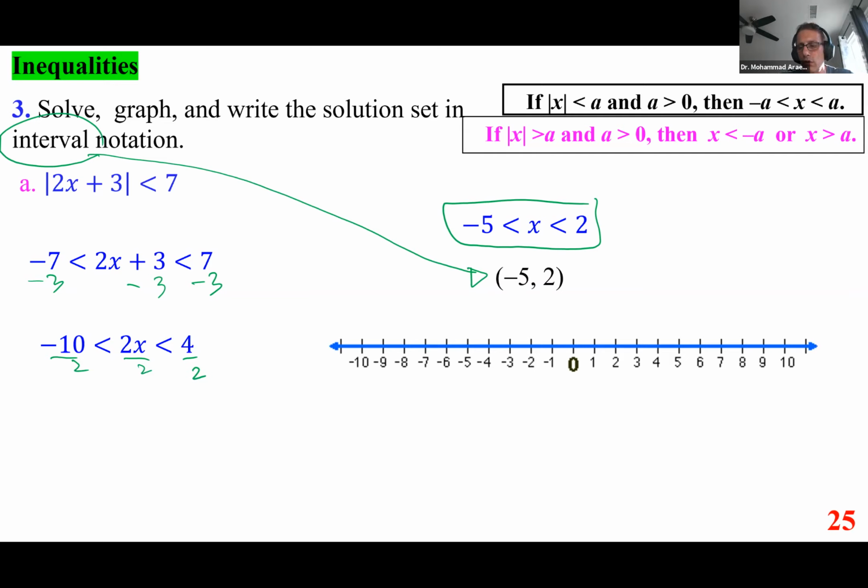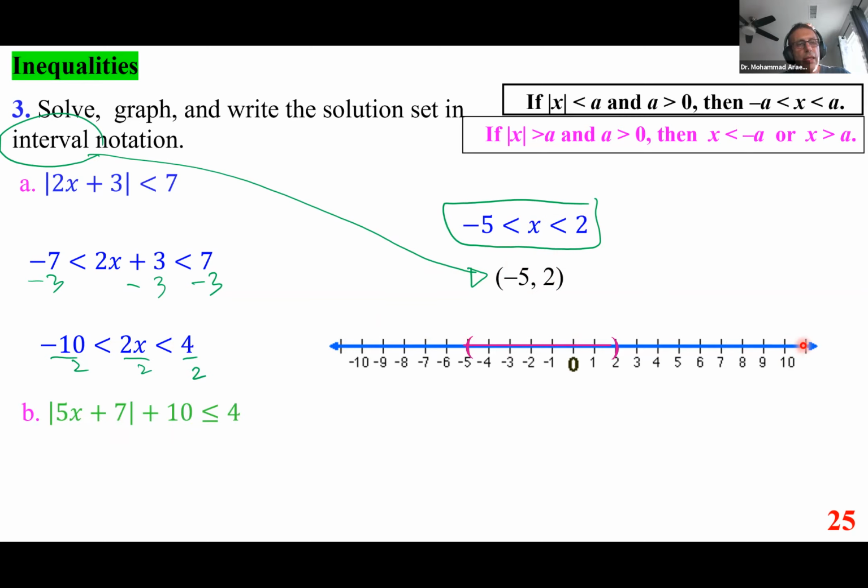The 2 endpoints are not included, and anywhere in between is. So there are 3 ways to answer it: inequality, interval format, graph on a number line. So I'm going to repeat: inequality, interval format, graph on a number line.